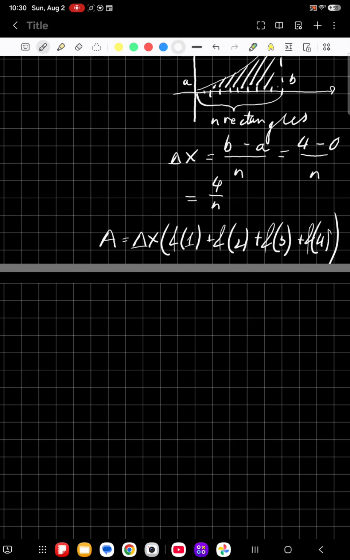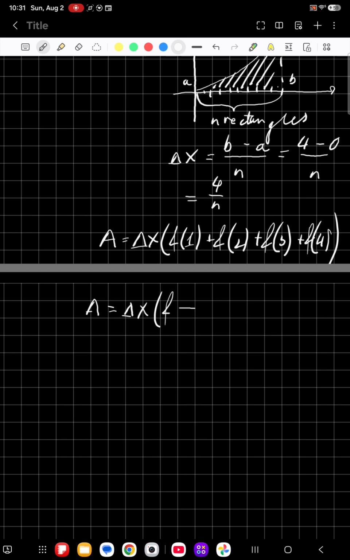Now instead of writing F of 1, F of 2, let's make it more general, still keeping that distance from 0 to 4, but making the number of rectangles equal to n. For now, let's keep it as 1, 2, 3, 4.